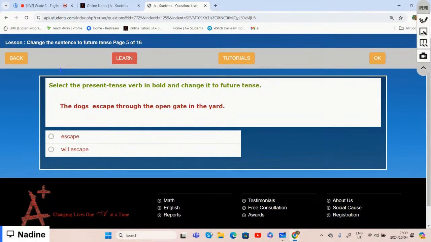All right, and we can say that the dogs escape, but if we look at our options, then we will choose option two, where we say the dogs will escape through the open gate in the yard.